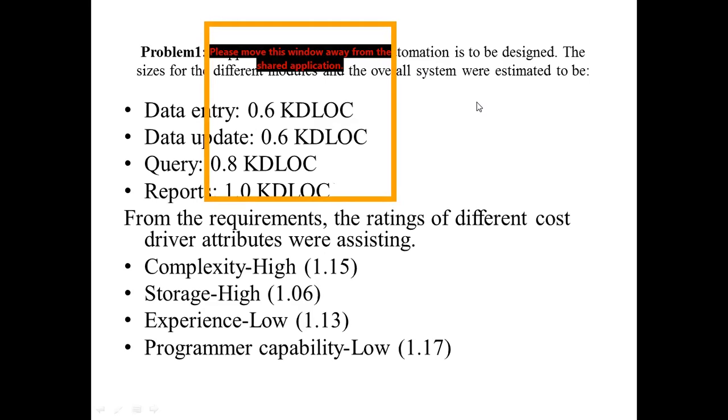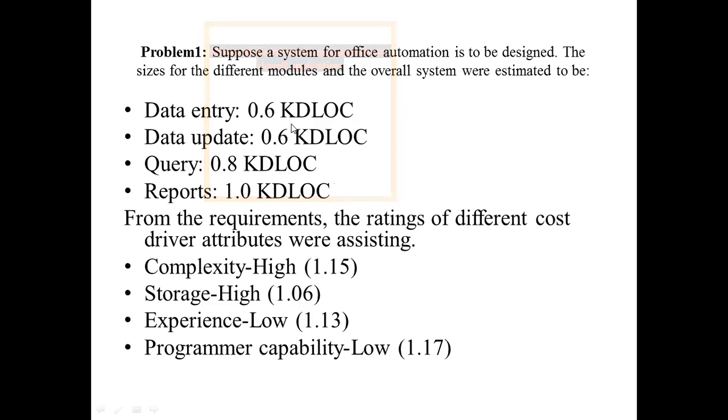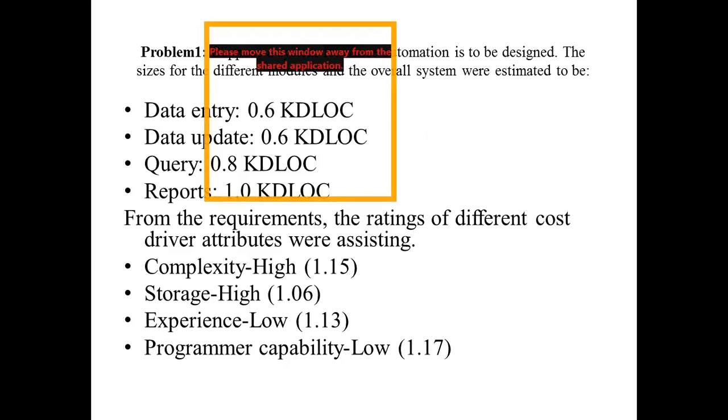The project is based on automation that is to be designed. The size is given for the different modules: data entry is 0.6 KDLOC, data update 0.6 KDLOC, query 0.8 KDLOC, reports 1.0 KDLOC.